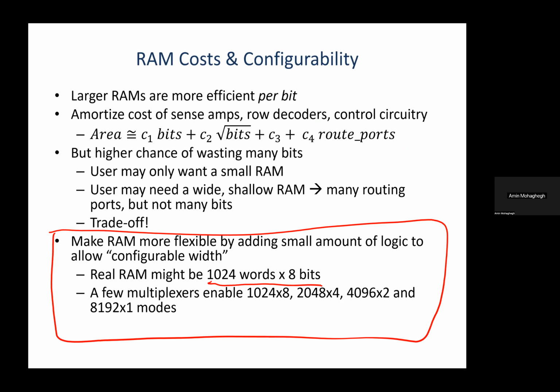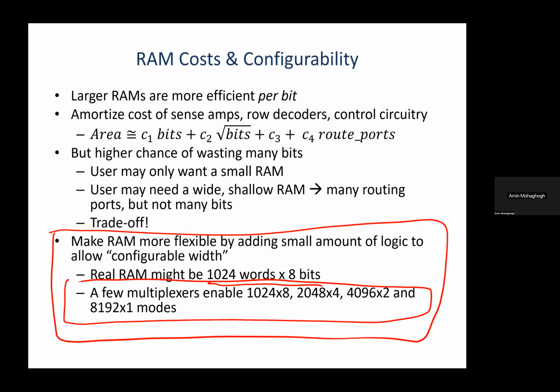But you don't know how people are going to use it. Some people might use it that way, but some might want 8,000 words and 1 bit wide. And maybe that's not wide enough, but you could put a bunch of them in parallel if they needed 8,000 words, and you could make a bigger word width by putting a bunch of physical RAMs in parallel.